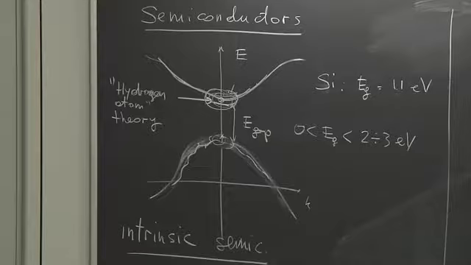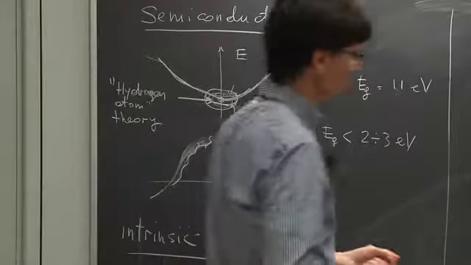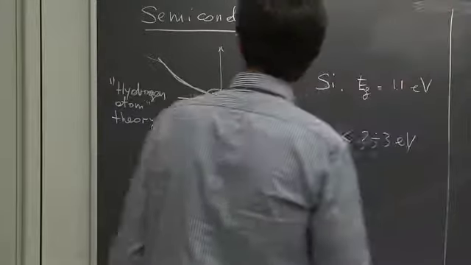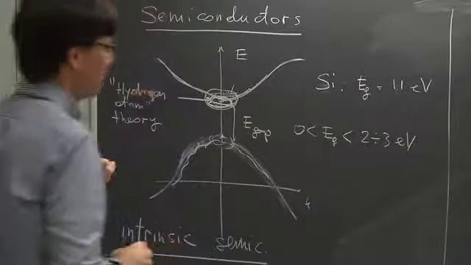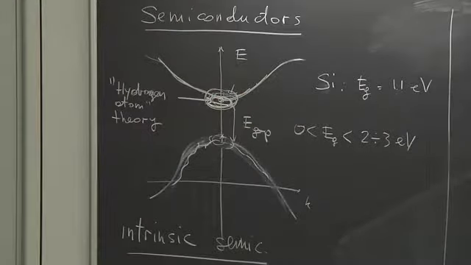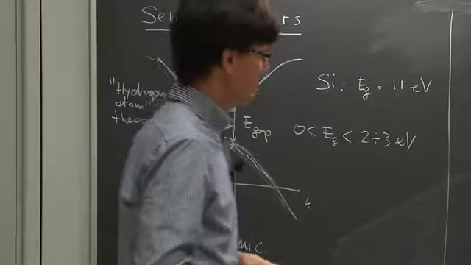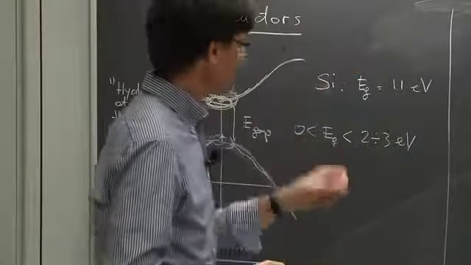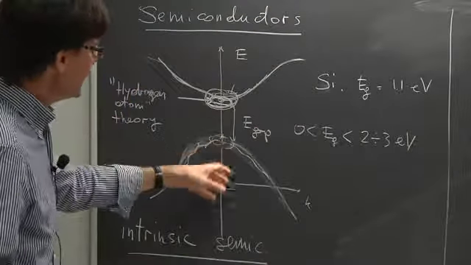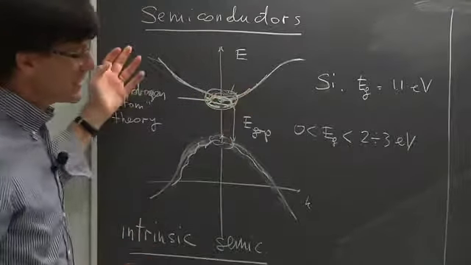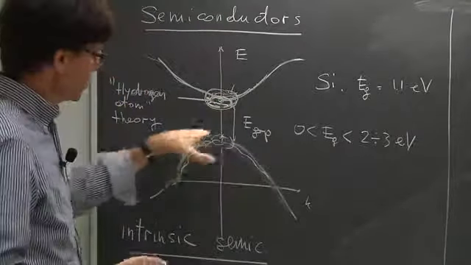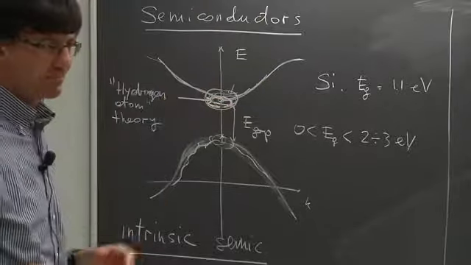structure. So the result of all the discussion is that if I introduce a phosphorus atom, I'm going to place an electron somewhere here at the bottom of the conduction band. That's the message I would like you to keep in mind at this point. Adding a phosphorus atom is going to just introduce an additional electron in the conduction band of the system, plus it's going to also introduce a small change in the shape of the bands.